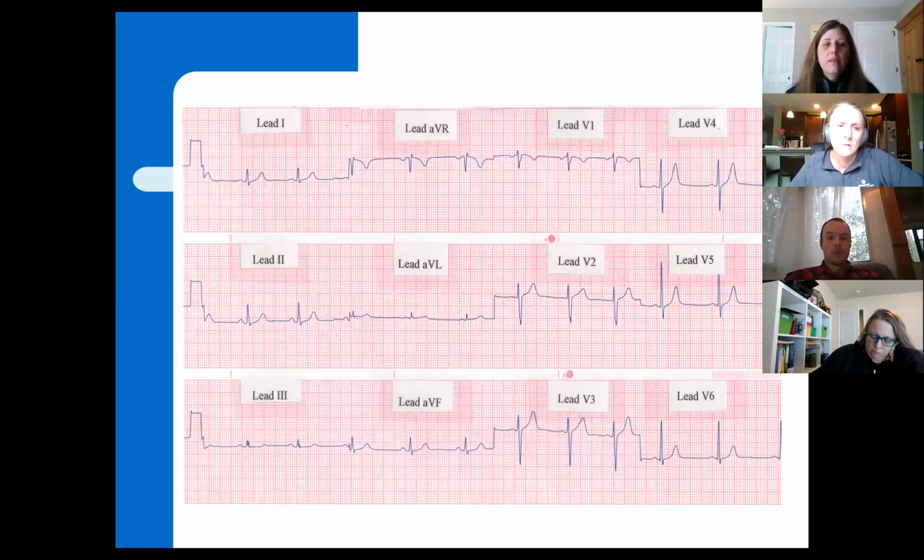Okay. This is an example of a 12-lead EKG. I think probably most of you have seen these at some time or another, whether it was in clinical or in your role as a tech or a medic, or maybe you've had one done. But essentially what's happening, if you look across the top of the paper, it says lead 1, lead AVR, lead V1, V4, excuse me, and then you see 4 more in the second and third row.